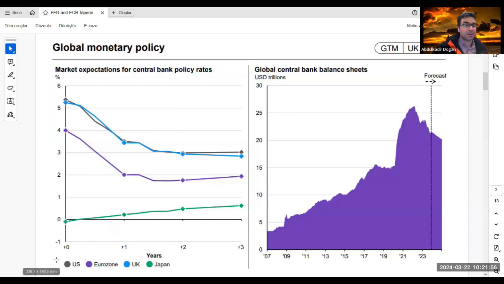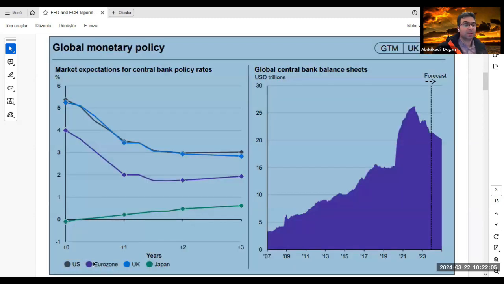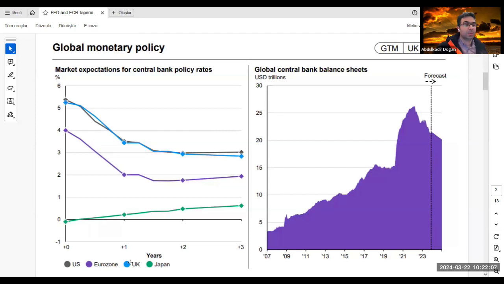Now we have another developed market economy, Japan. The black is the United States again, purple is the Eurozone, light blue is the UK, and green is Japan. Please look at the explanation here: market expectation for the central bank policy rate.